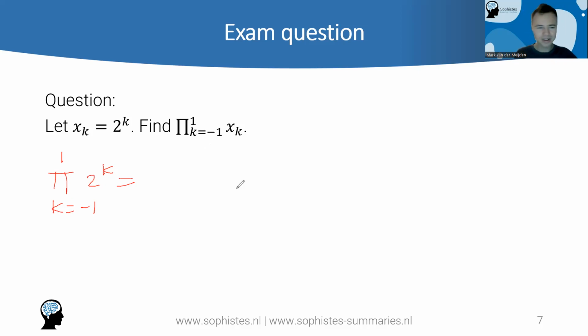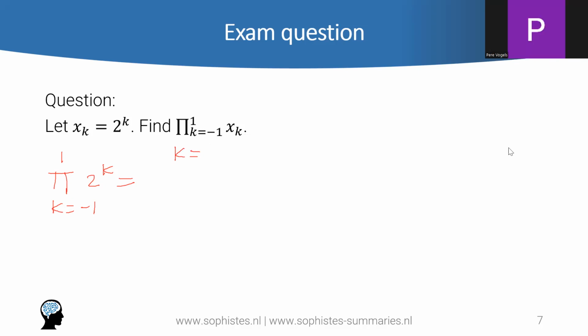Okay. Betty, would you like to help me to solve the question? You had it correctly. What is the first value that k will be? Do you mean me? I actually meant Patty, but it's also fine if you want to help me. Pere. How do I pronounce your name? Pere. All right. So what's the first value that k will have, Pere? -1.